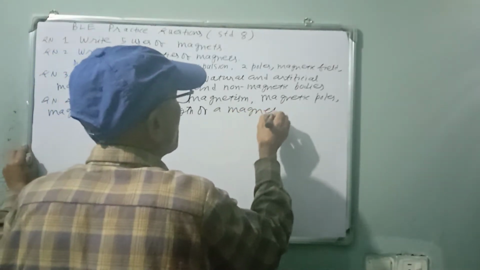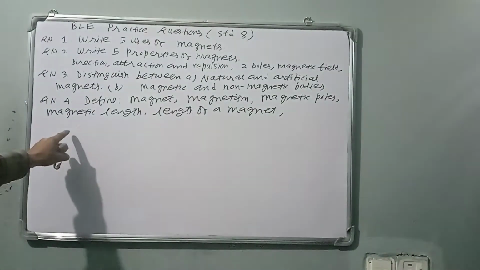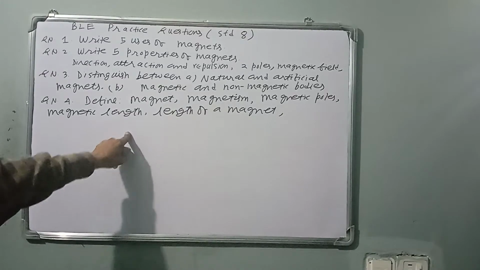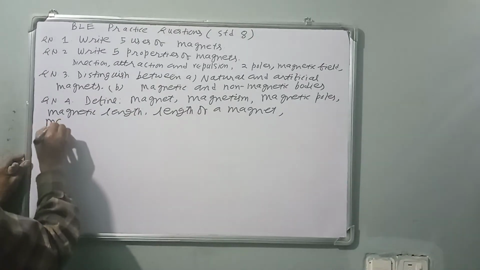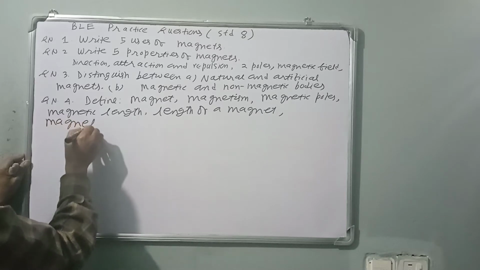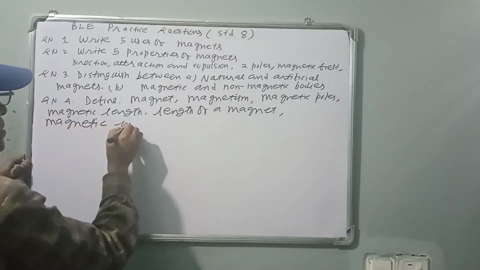Actual length, total length, magnetic length: the distance between the north pole and the south pole. And another, magnetic induction.